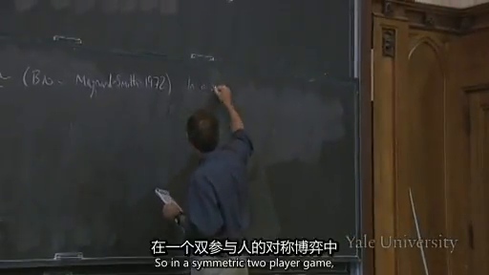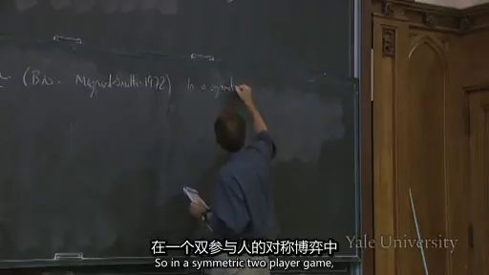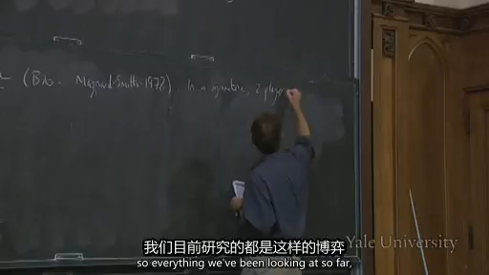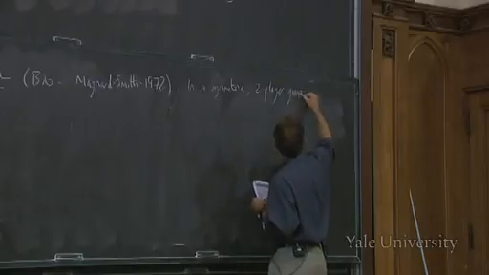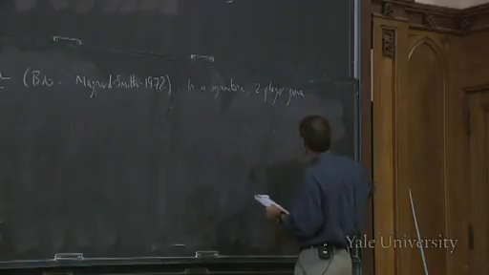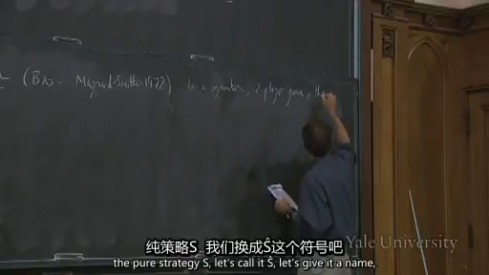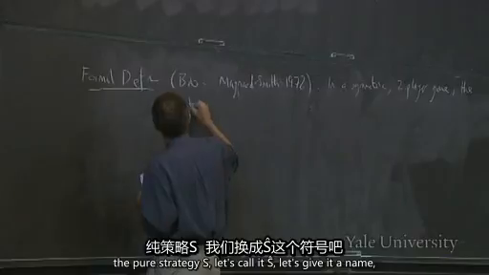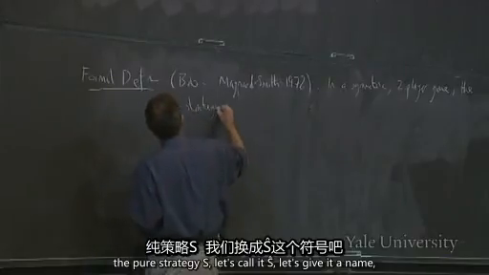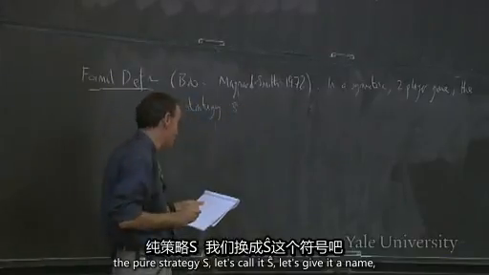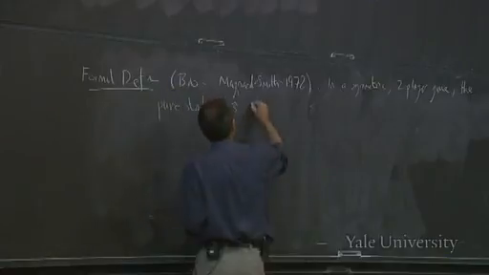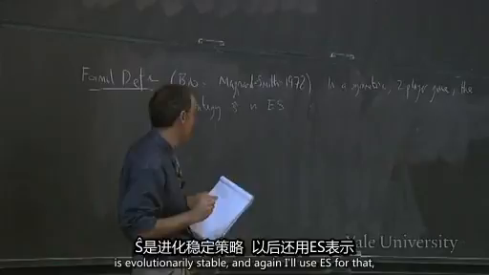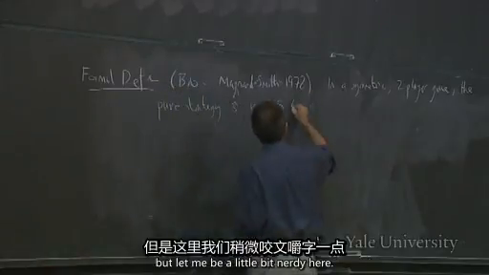All right, so here's our formal definition. In a symmetric two-player game, so everything we've been looking at so far, the pure strategy S hat, let's call it S hat to give it a name, is evolutionarily stable, and again I'll just use ES for that, but let me be a little bit nerdy here.